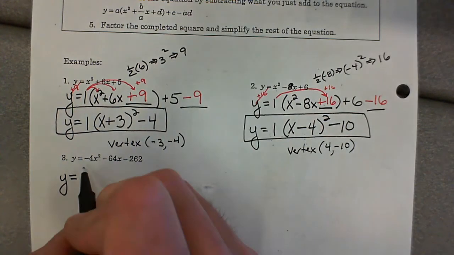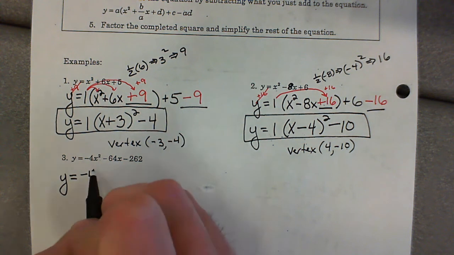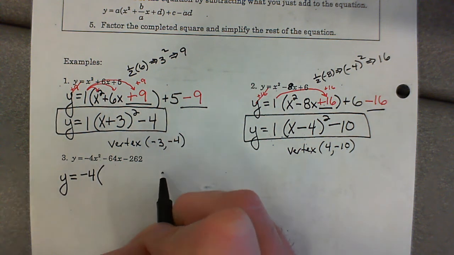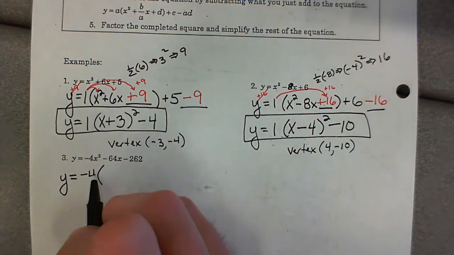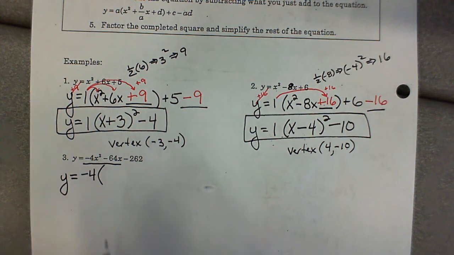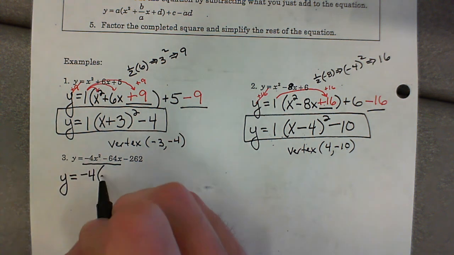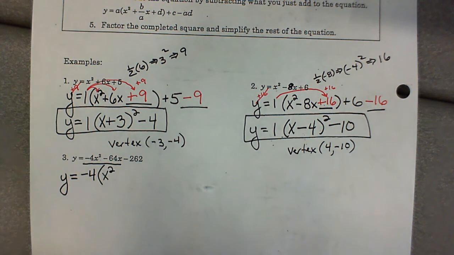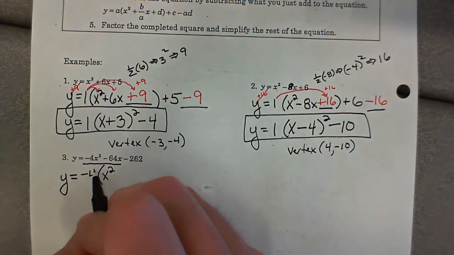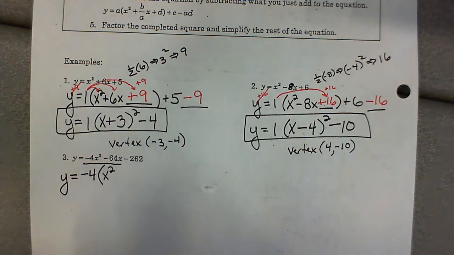So the -4 is going to come out. And then in parentheses, you're going to have to take this out of those first two terms. So you're going to take -4 out of -4x squared, which is going to leave you with the x squared. Then you have to divide -4 out of -64x.